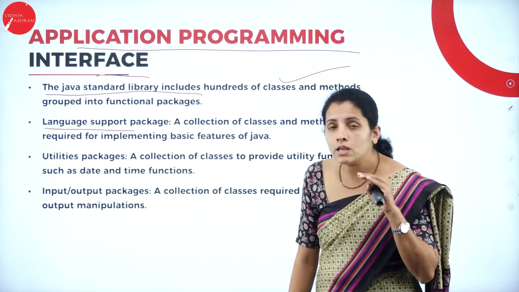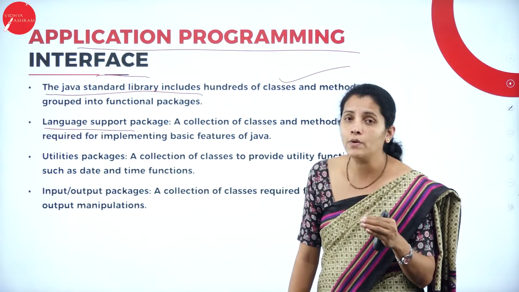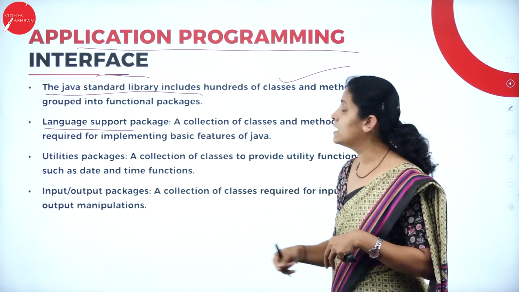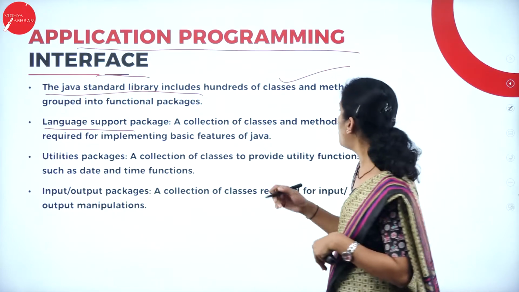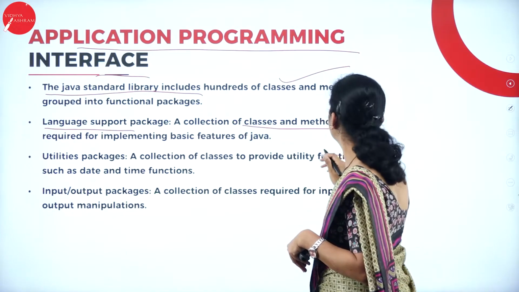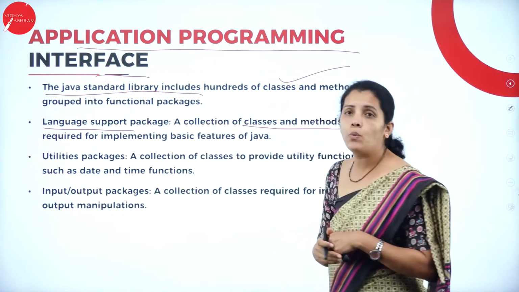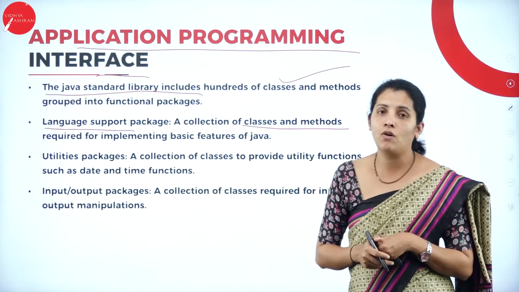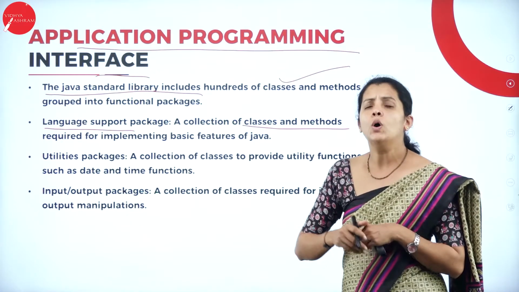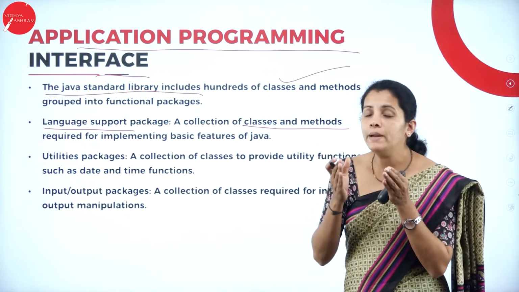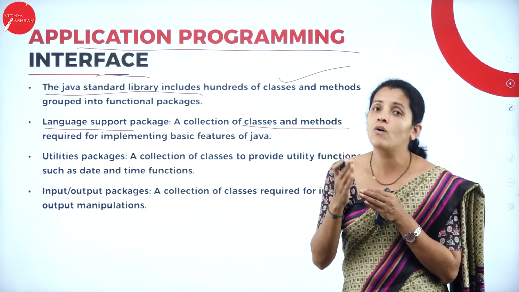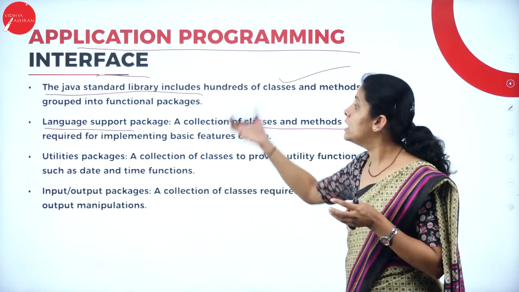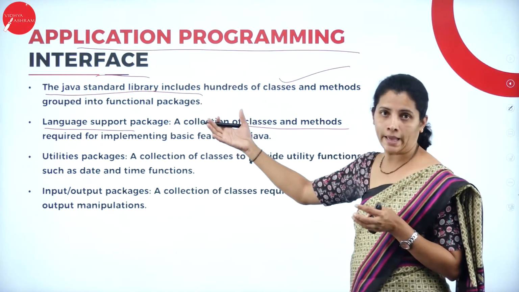That means to support different kinds of language, we require the language support package, and it is a collection of classes and methods required to implement the basic features of Java. That means whenever I want to implement the basic features of Java, I want to include the language support package.